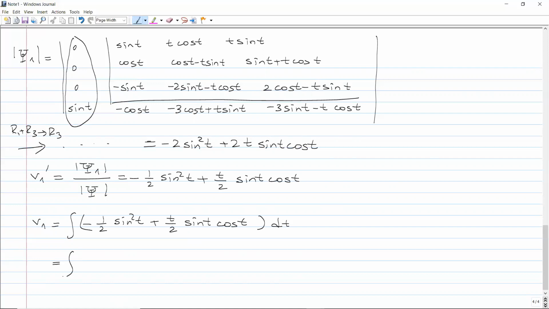To integrate the first one, we write sine squared t as (1 minus cosine 2t) over 2. And for the second one, we write sine t cosine t as 1/2 sine 2t.